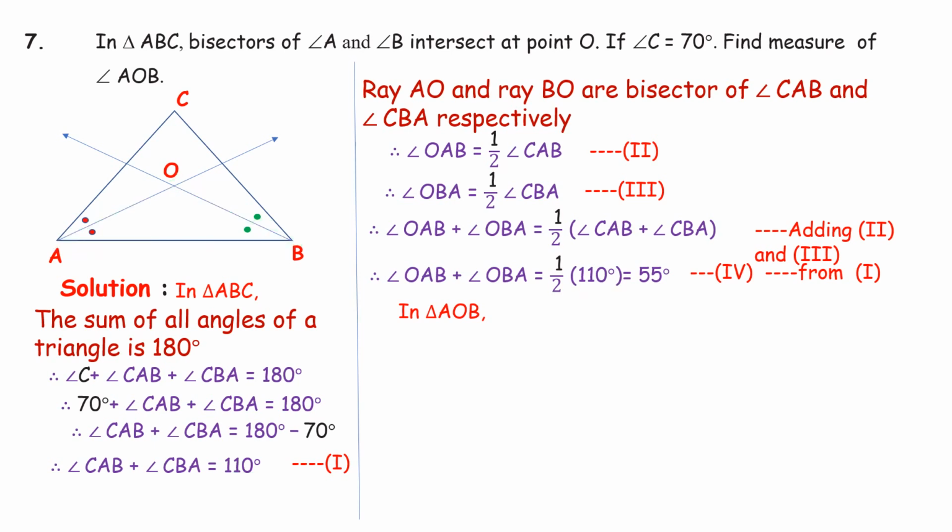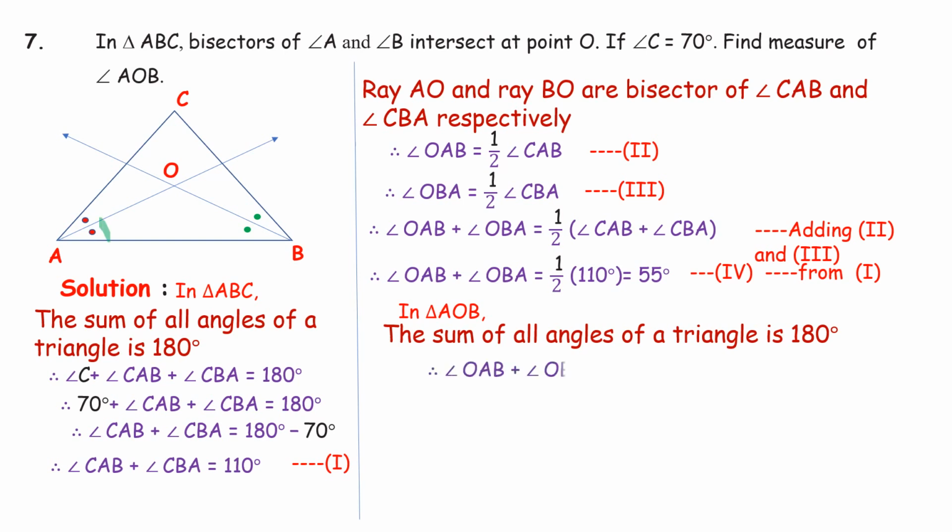Write down the sum of all angles of a triangle is 180 degrees. Now write down the angles. Angle OAB, meaning this angle, plus angle OBA, meaning this angle, and plus this, that is angle AOB, is equal to 180.